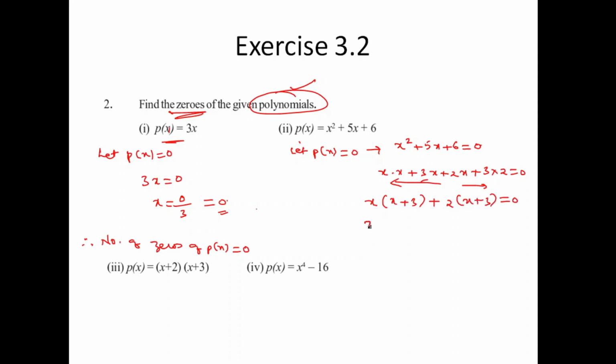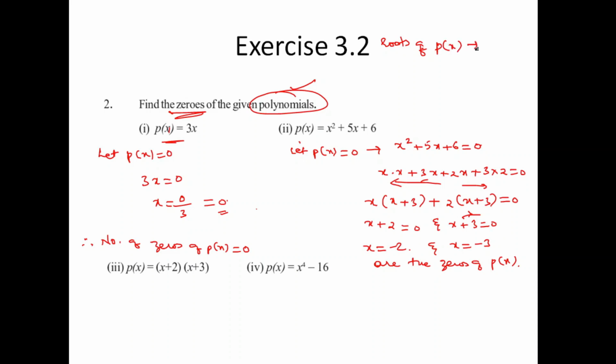So the roots we obtained are x plus 2 is equal to 0 and x plus 3 is equal to 0. Subtracting the numbers to the RHS, x is equal to minus 3 and x is equal to minus 2 are the zeros of polynomial p of x. You need to understand that the roots of p of x are the zeros of p of x. Hope it's clear to everyone.